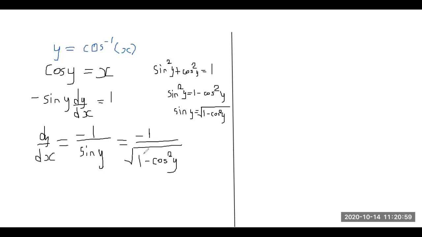But now look at this. Cos y is x. And so cos square y is going to be x squared. And so dy by dx is minus 1 over the square root of 1 minus x squared. And that's the derivative of cos inverse of x.